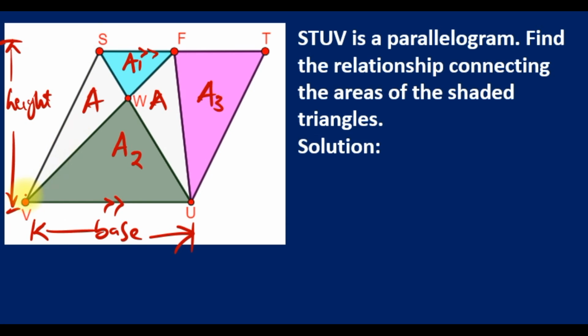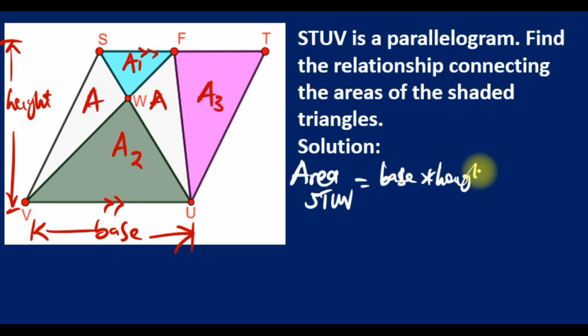So for this triangle VSU, the area is half base times height. From the diagram we can see that the area of this parallelogram STUV is base times height. So that's the formula, and the area of a triangle is always half base times height.